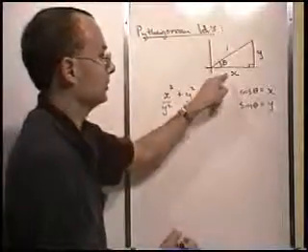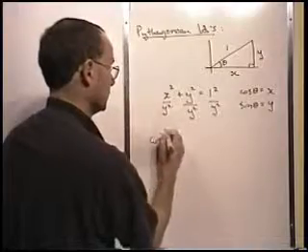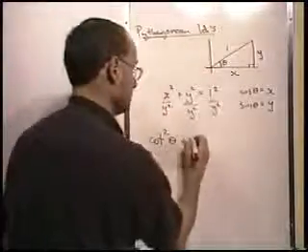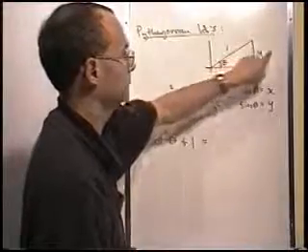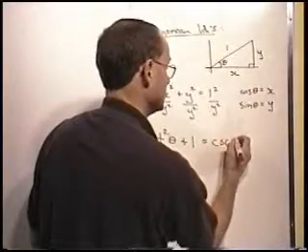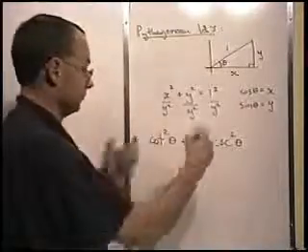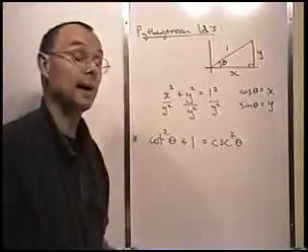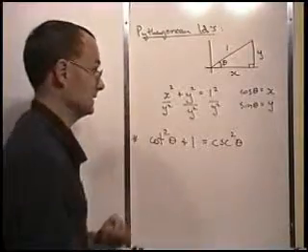X over y, that would be the reciprocal of tangent, so that would be cotangent squared. Y over y, that's just 1. And then I got 1 over y. Well, sine would be y over 1, so 1 over y, the reciprocal, that would be cosecant of theta squared. And there it is, just sort of shows up out of thin air almost. It's another Pythagorean identity. So those are the 3 Pythagorean identities.